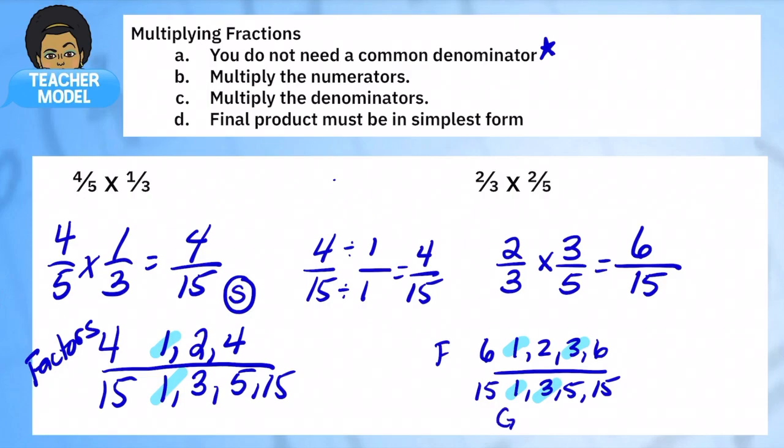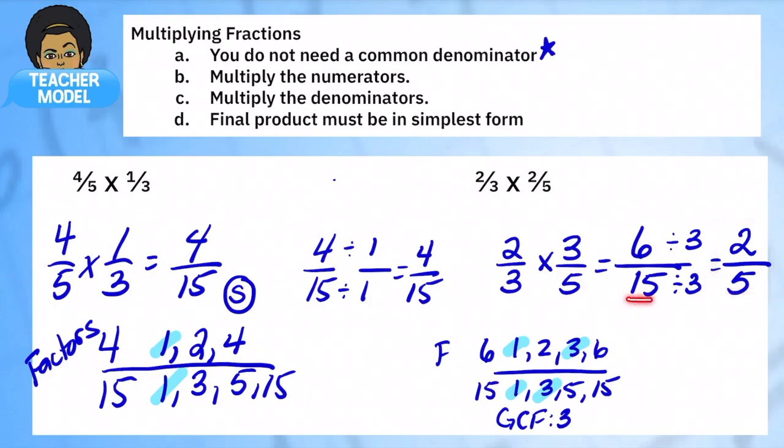Their greatest common factor in this case is 3. So I'm going to use that 3 to simplify this fraction. And now I'm going to get 6 divided by 3 is 2, and 15 divided by 3 is 5. This is the simplified fraction.